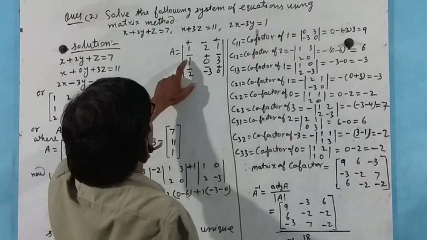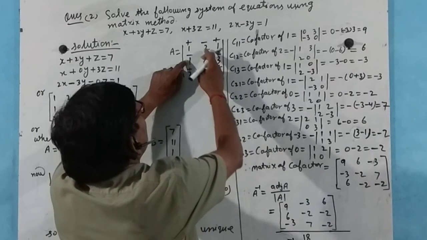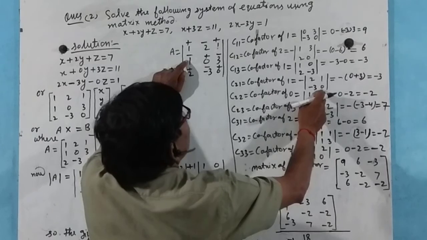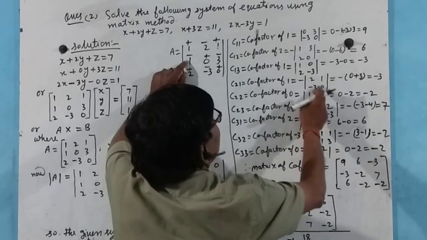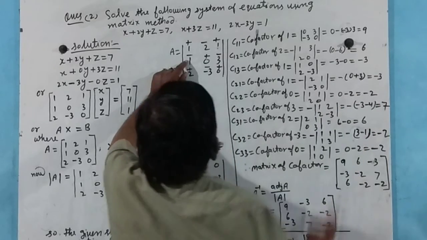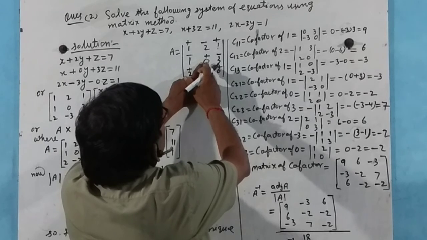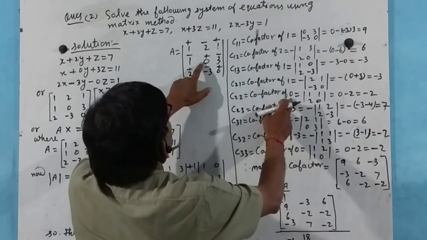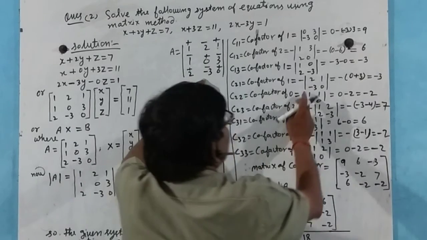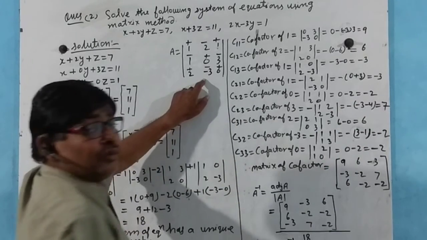Now the cofactor C21: deleting this row and column, 2 1 and minus 3 0, with a minus sign, this is 0 minus minus 3, so minus 3. Now the cofactor C22: deleting this row and column, 1 1 and 2 0, this is 0 minus 2, equal to minus 2.